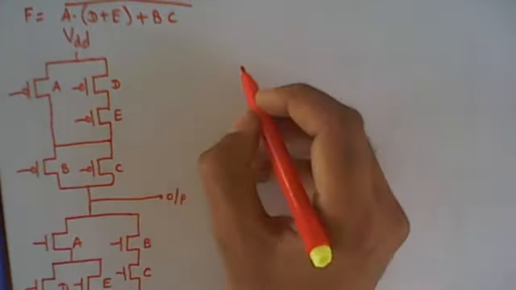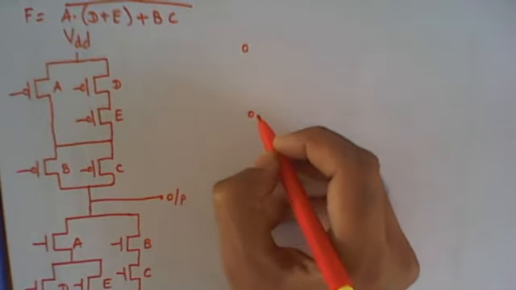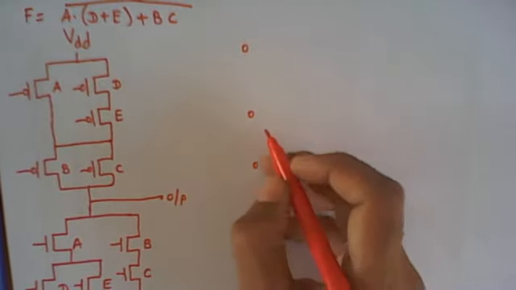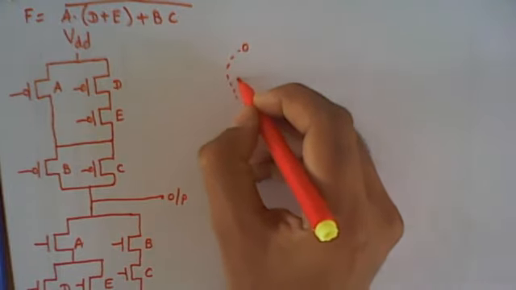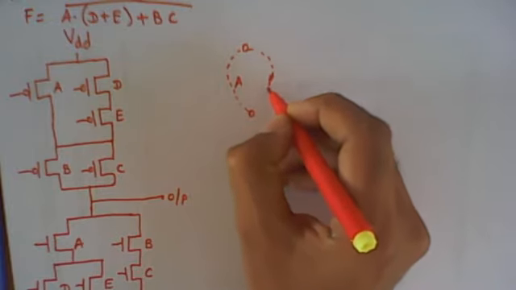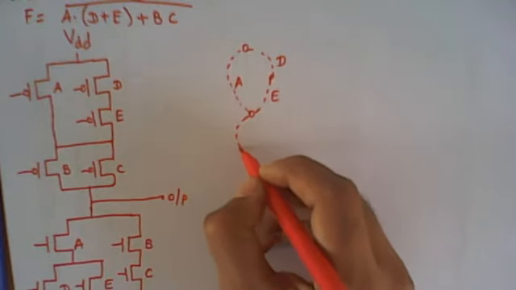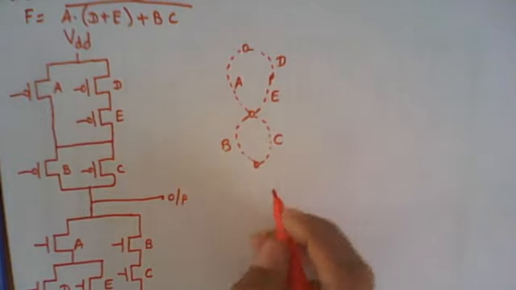The function is A into D plus E plus BC, whole bar. Here the graph is for the PMOS. It has the N1 node, and here the output node. Here is MOSFET A, then MOSFETs D and E, and B and C are in parallel in the PMOS network.